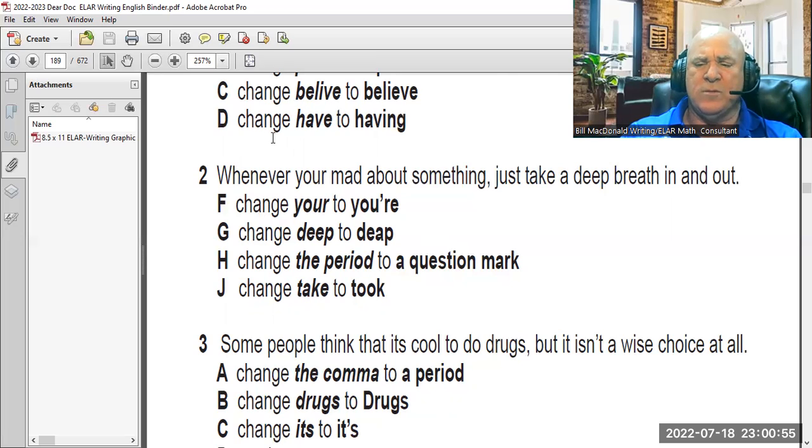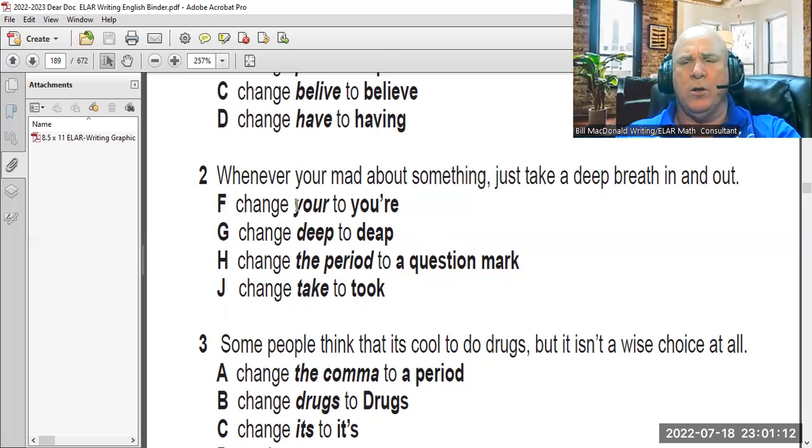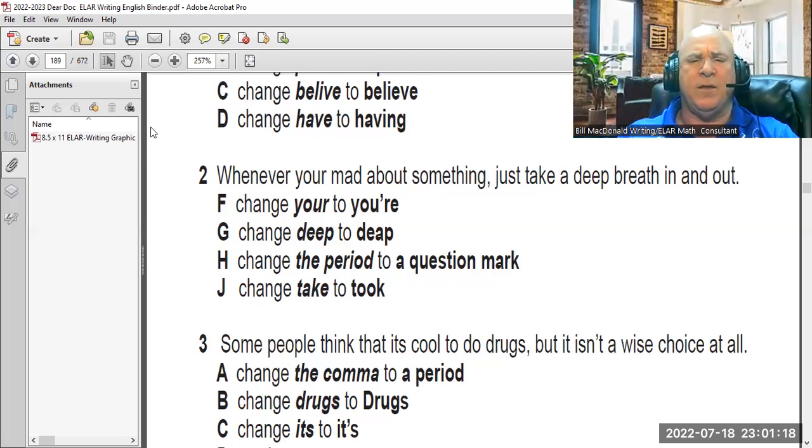So as soon as my timer changes to 11:01, which is when, there it is, capital. Whenever you're mad about something, comma, just take a deep breath in and out, period. Change your, not mine, to your, you are.